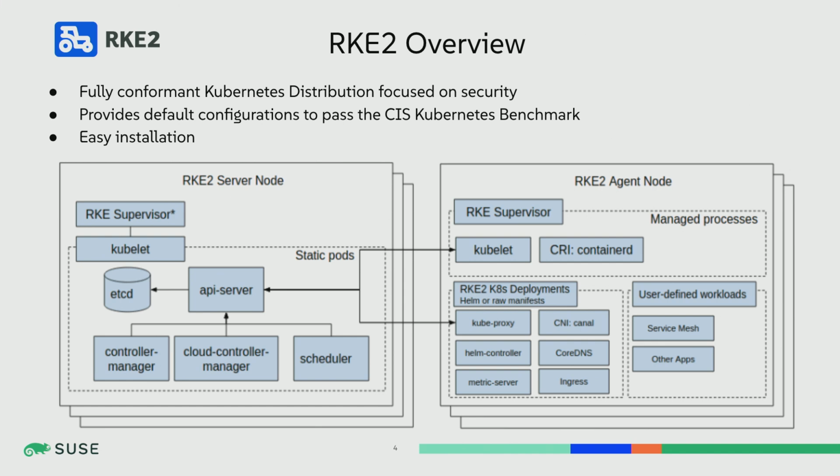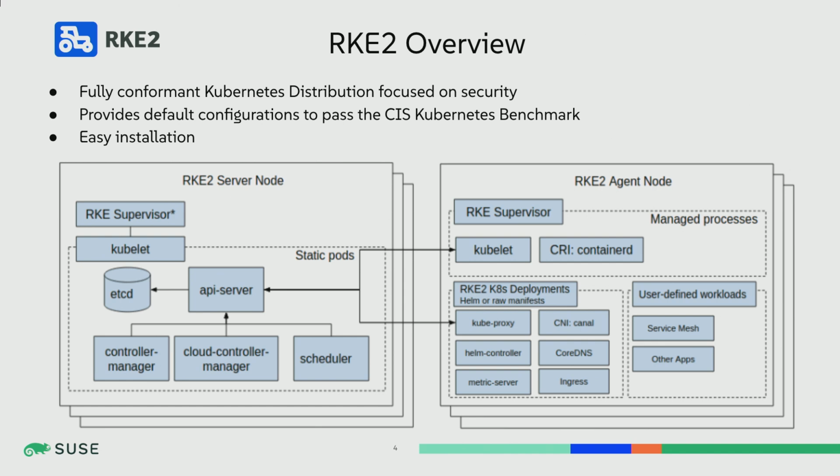This is the basic architecture of RKE2. So here on the left, you can see the RKE2 supervisor that interacts with kubelet, and kubelet deploys the main components of your Kubernetes cluster as static pods. So etcd, API server, controller manager, cloud controller manager, and the scheduler will be deployed as static pods.